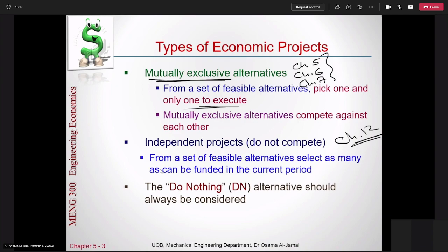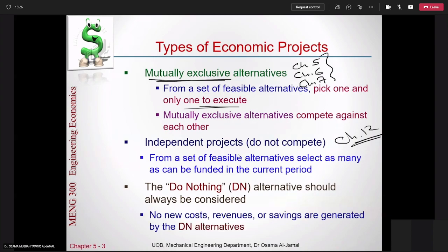You don't want to lose your money. So do nothing is an alternative that should always be considered. No new cost, no revenues or savings are generated by the do nothing alternative.